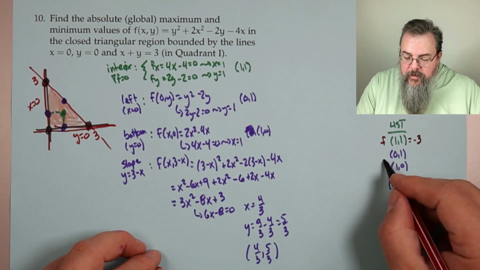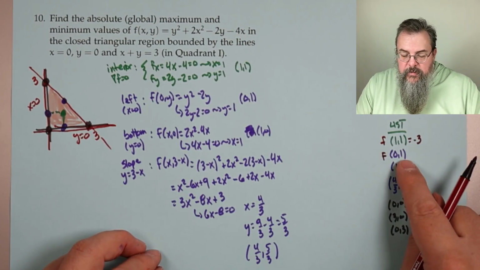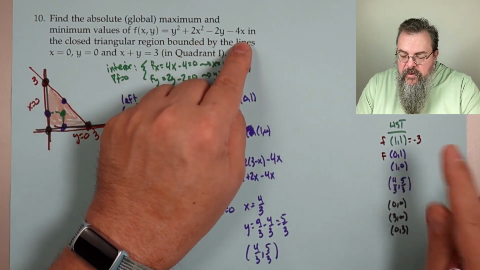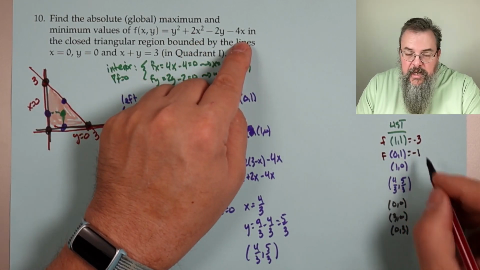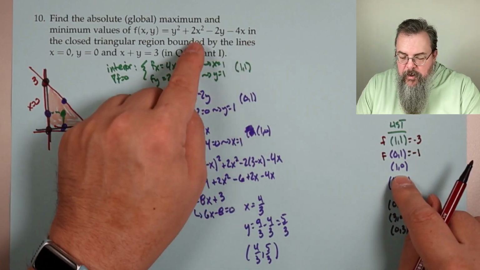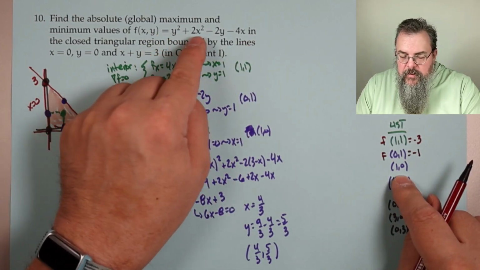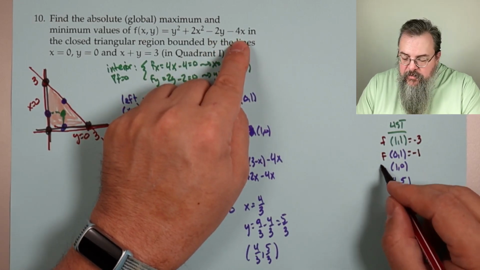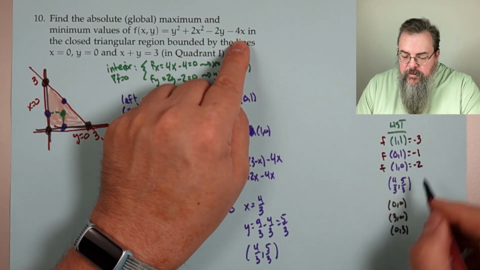Okay, how about 0, 1? So y is 1, x is 0. 1, 0, minus 2, 0. So 1 minus 2, negative 1. How about 1, 0? So x is 1, y is 0. You get 0, 2, 0, minus 4. So that's 2 minus 4, that's negative 2.